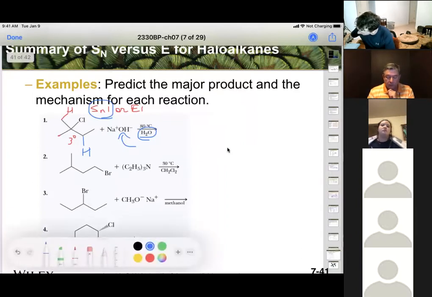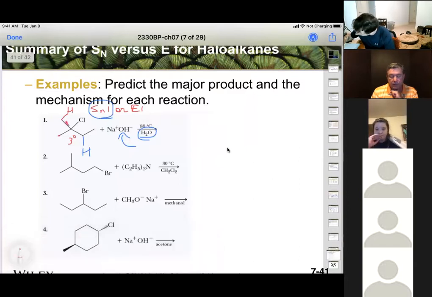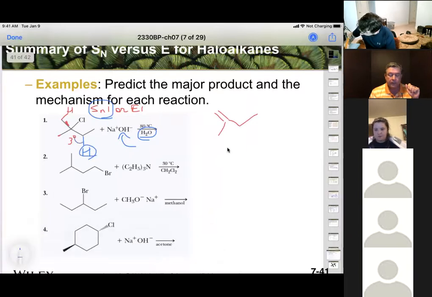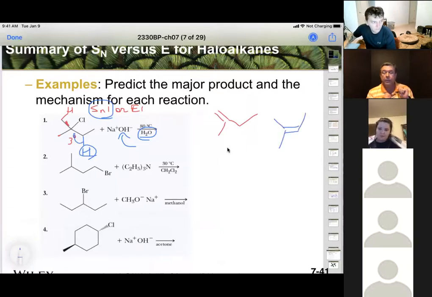The product for the red one is going to give us our double bond here, and then we draw the rest of the line. So that's one possible product. In the case of pulling off the hydrogen here, these electrons are going to kick in, giving our second possible product, which is that one.